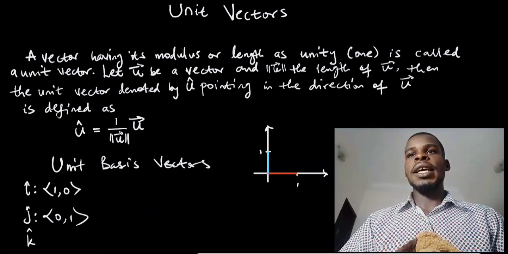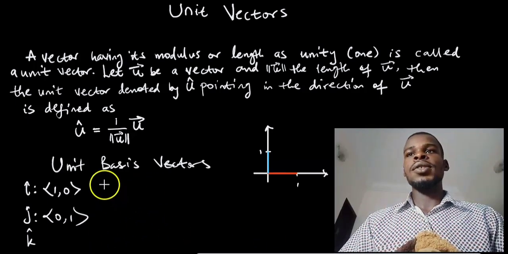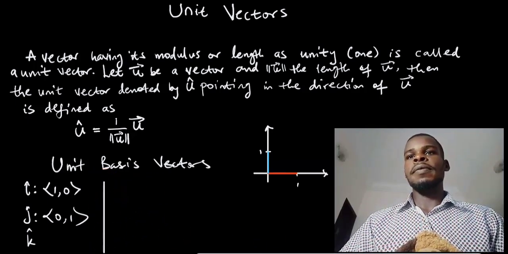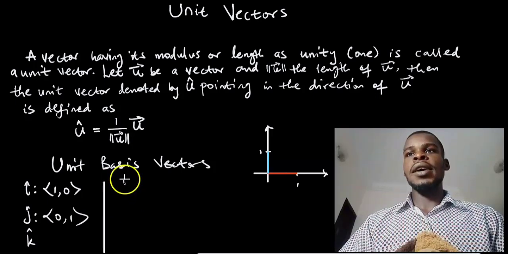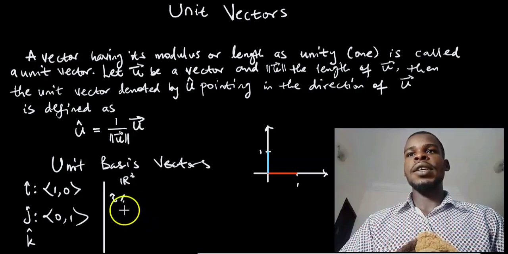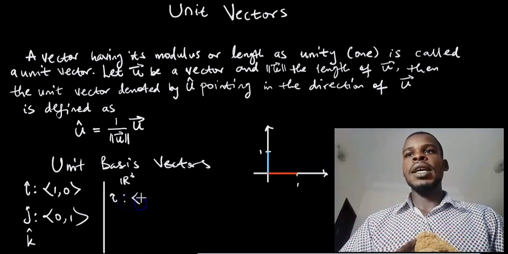So maybe let's just extend it to R3 so that we could include the k hat vector. So in R3, we will have something like this. I hat will be pointing in the x direction, having its entries as 1, 0, 0.